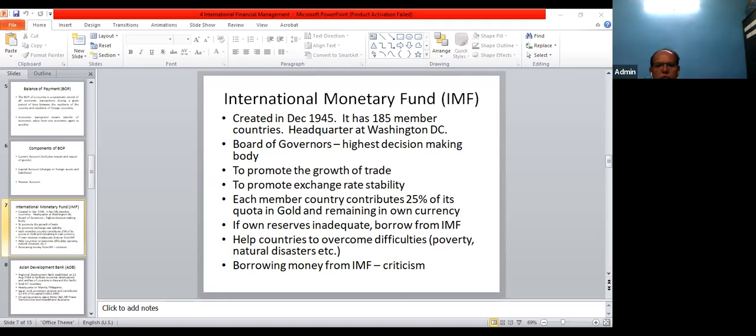Even India has sought some funds from the World Bank for these capital programs, like highways, construction of ports, construction of aerodromes. These are examples of capital programs. It requires a huge amount of funds, and this funding our Indian government sought from the World Bank.